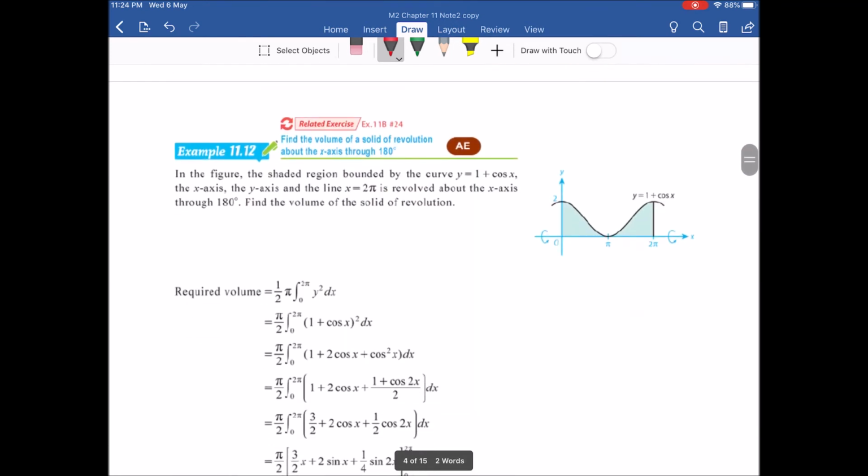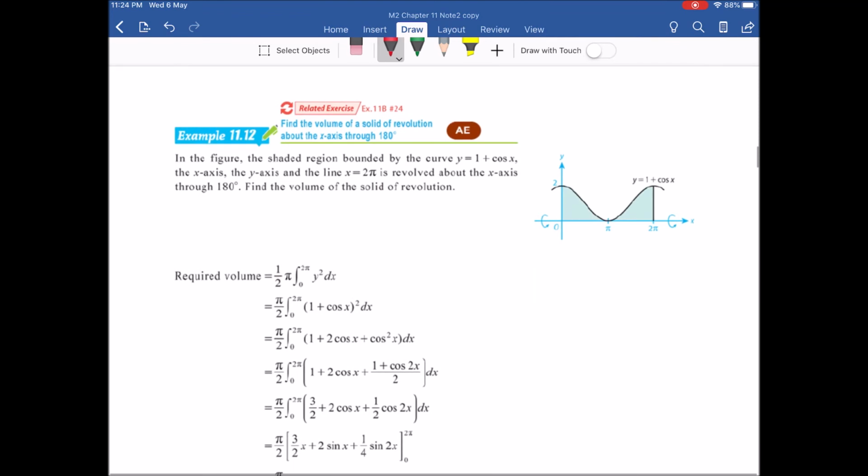And then we look at another one. This time the curve is y equals 1 plus cosine x, bounded by the x-axis and y-axis. That is this area, the shaded one, rotated about the x-axis, but by 180 degrees.